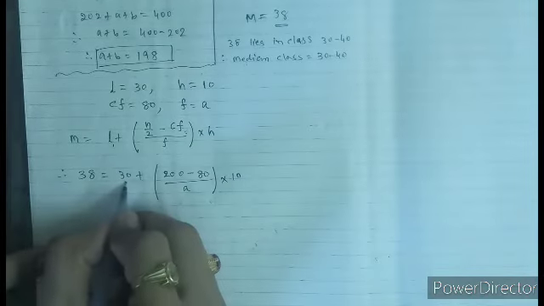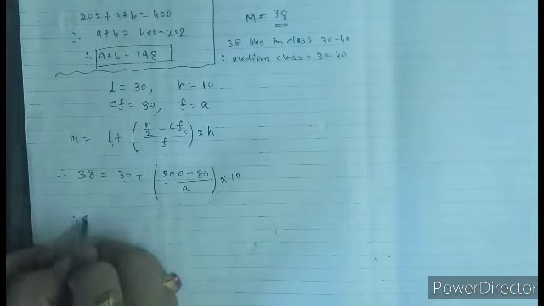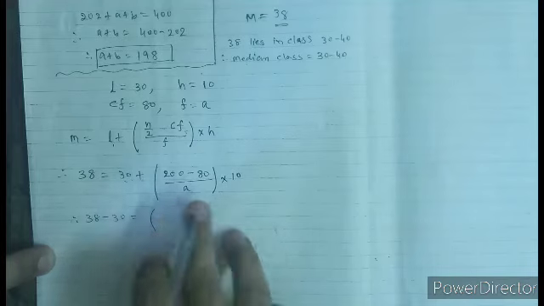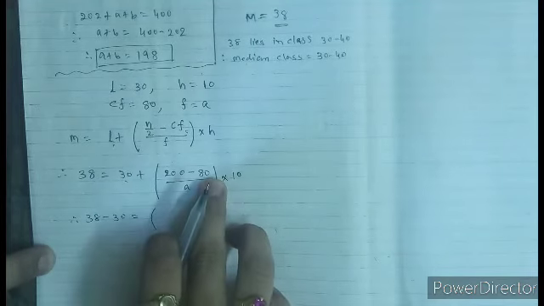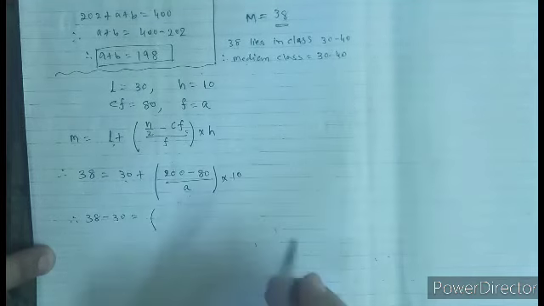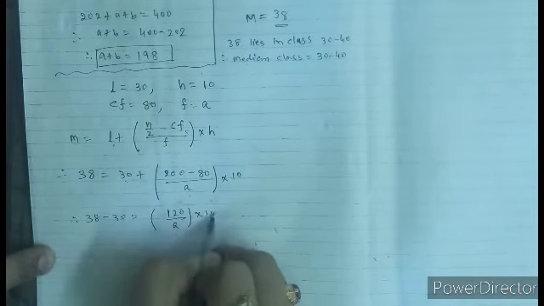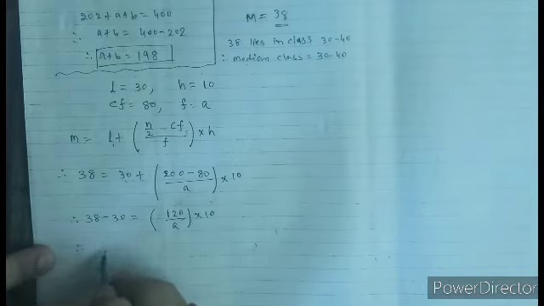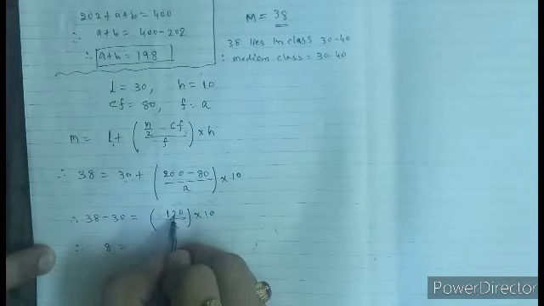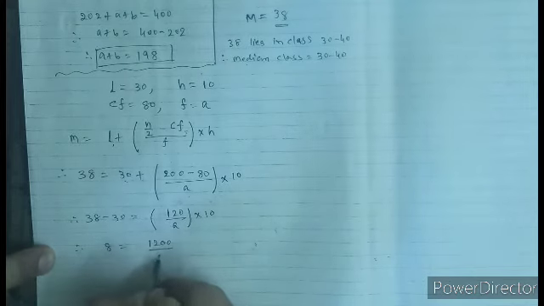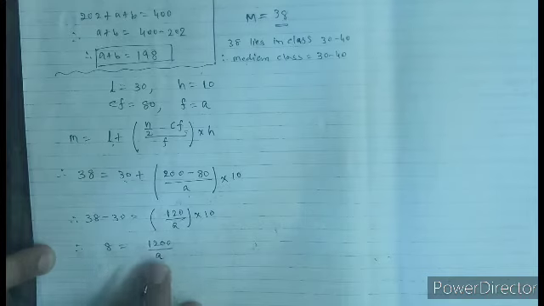Now this 30, if we send it to the other side, we will get 38 minus 30 equals, into bracket, 200 minus 80, which is 120, upon A, multiplied by 10. Here 38 minus 30 will be 8 equals 120 multiplied by 10, that is 1200 upon A. Now if we want A, this denominator term will go to the numerator on the other side.